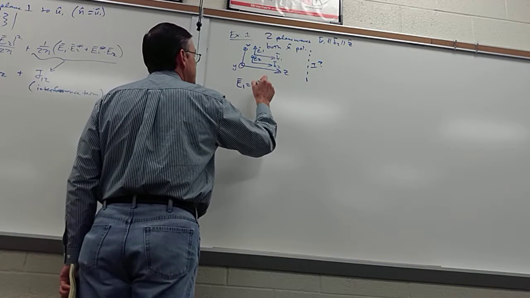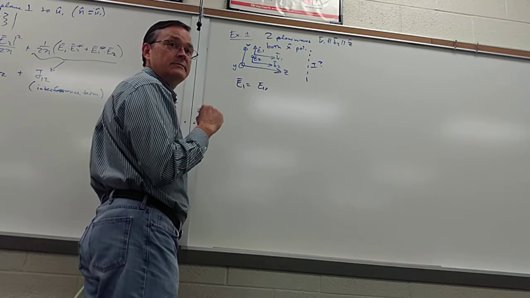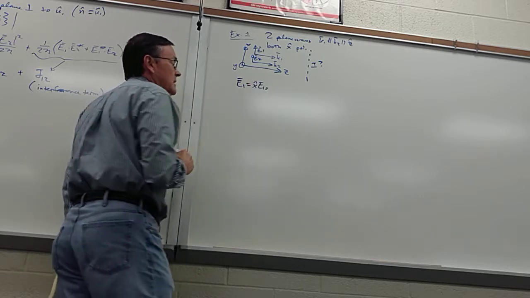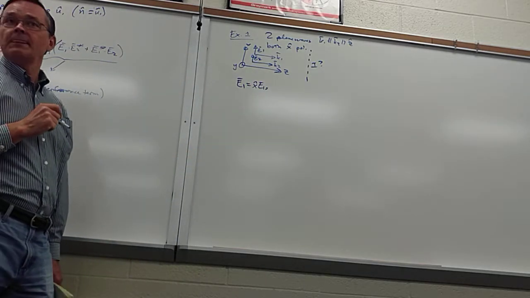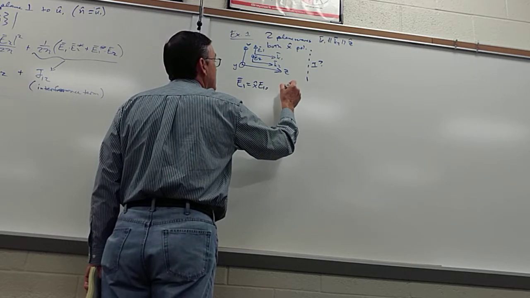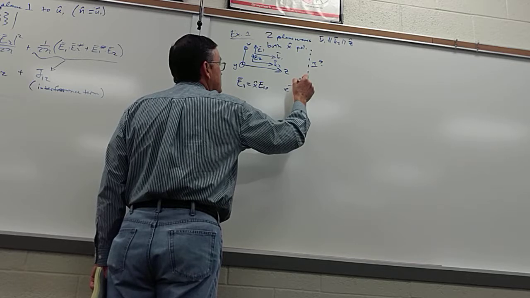So it's got a magnitude, call it E10. What else does it have? Direction x hat. Yeah, polarization, x hat, okay. E to the minus j k1 z.